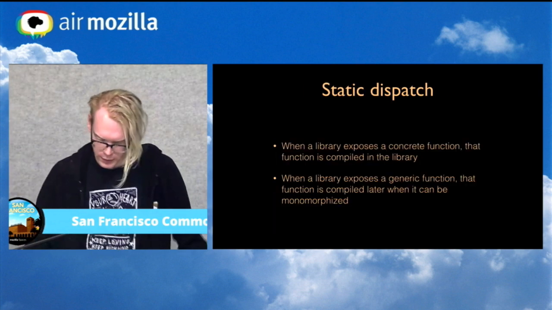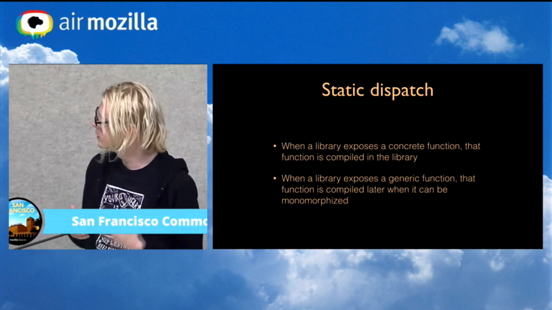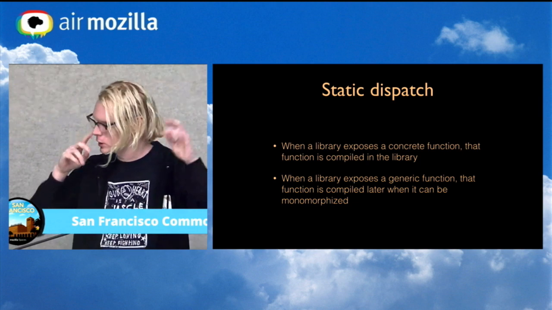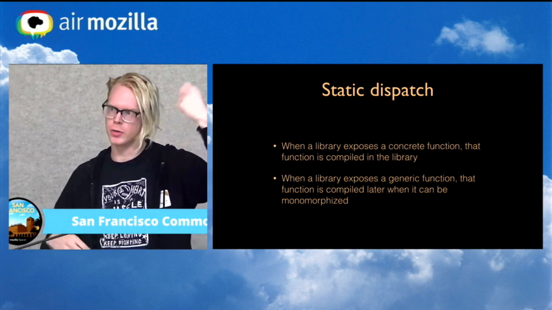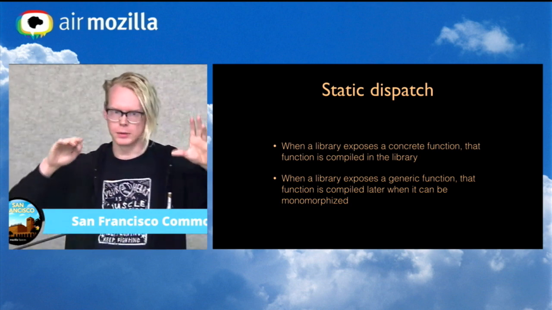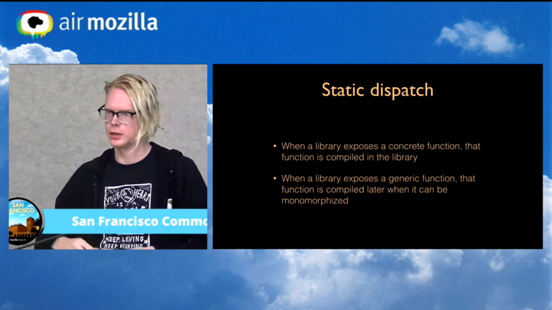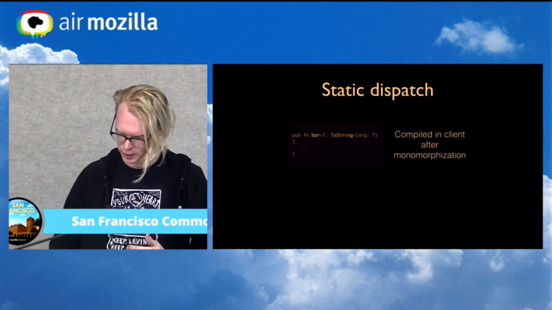And this is particularly relevant for the Orphan rules in terms of how we compile libraries. When a library exposes a concrete function, we compile that function in the library when you're compiling the library. But if it exposes a generic function, we save an intermediate representation in the metadata of your crate, and then we monomorphize it in your binary.